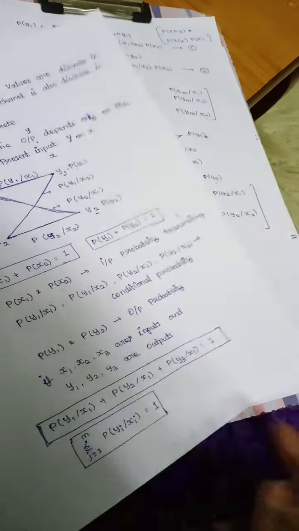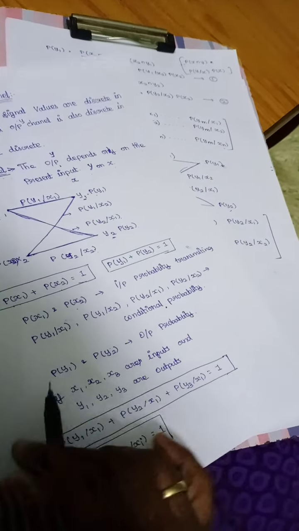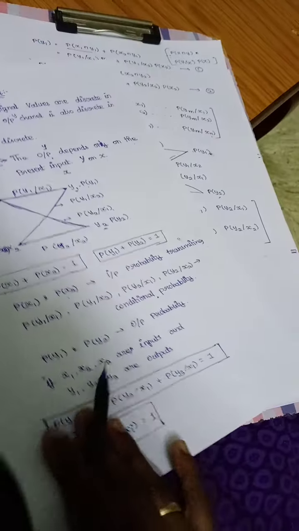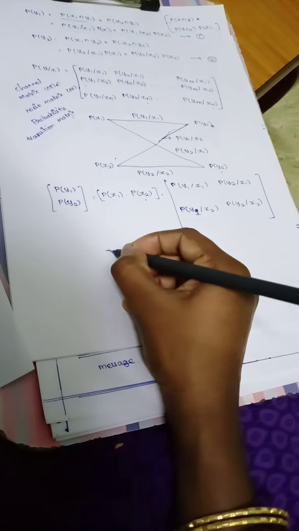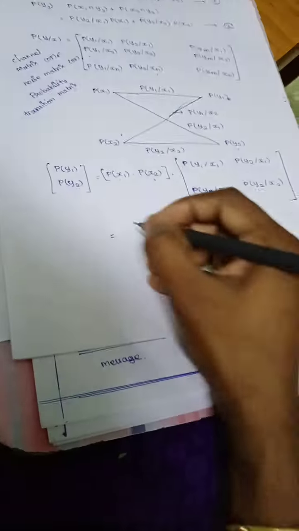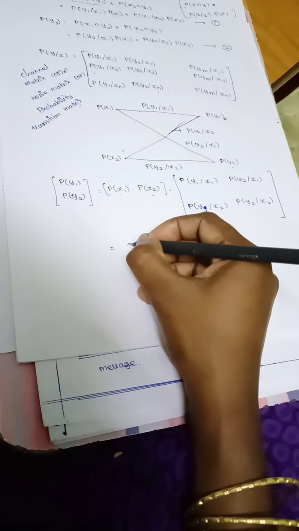these conditional probabilities. So these are the conditional probabilities we have shown now. We have to multiply both input probabilities with the conditional probabilities. If we multiply, what will come?